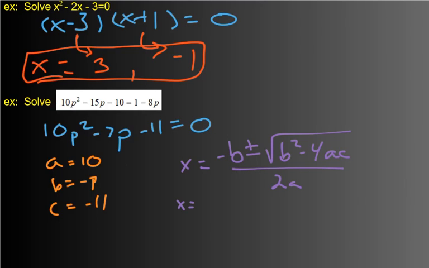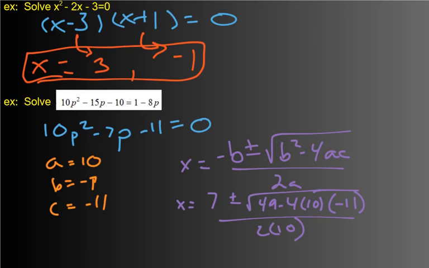And then if you plug this stuff in, you're going to get 7 plus or minus the square root of 49 minus 4 times 10 times -11, and then 2 times 10. And if you simplify that, you should just get 7 plus or minus the square root of 489 over 20.